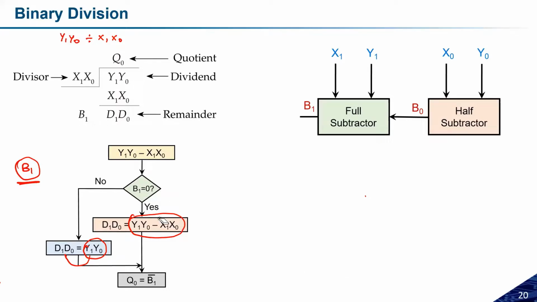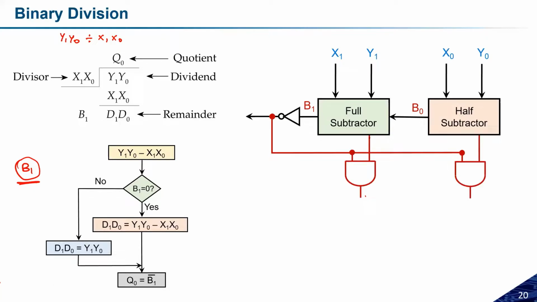Let us consider the first case. If b1 is equal to 0, and that is true, in that case whatever difference we are getting over here will be passed to d. What difference we got here will be passed through it, and this will be controlled with the help of borrow, because I need to pass this logic if b1 is equal to 0.